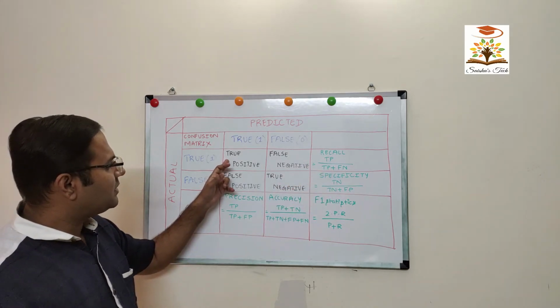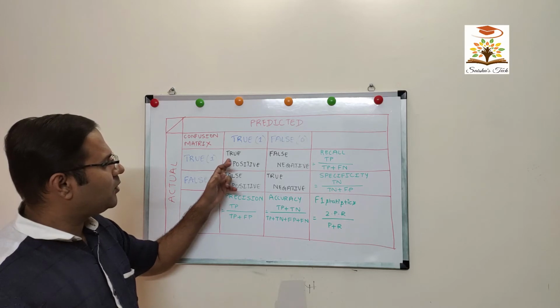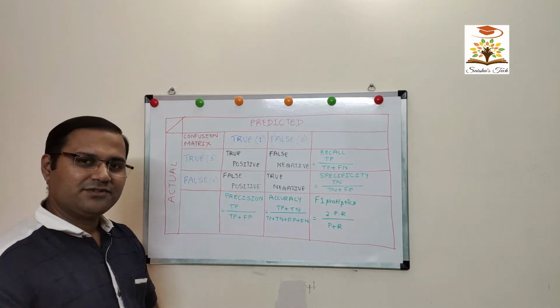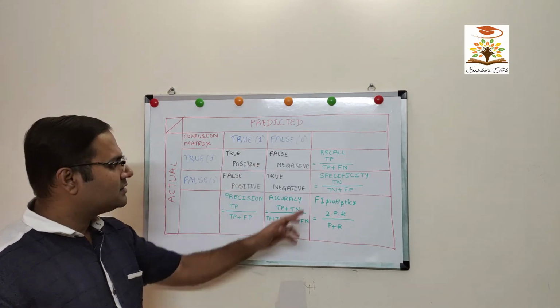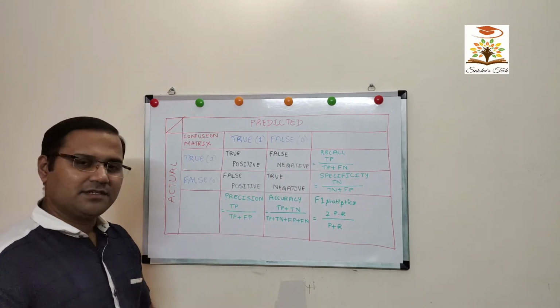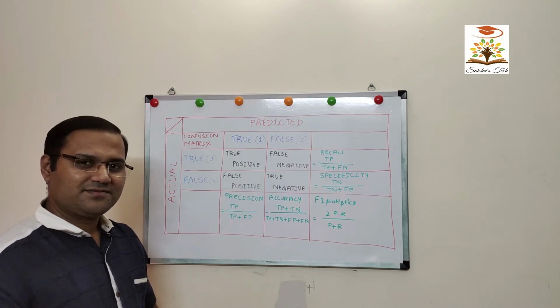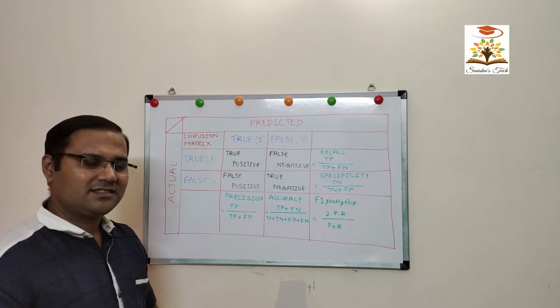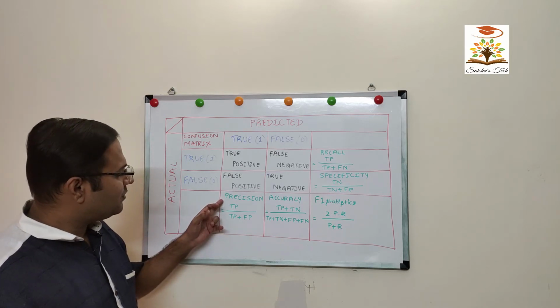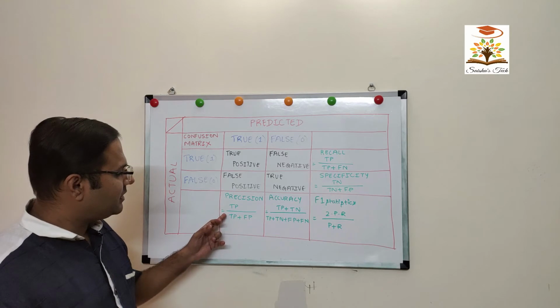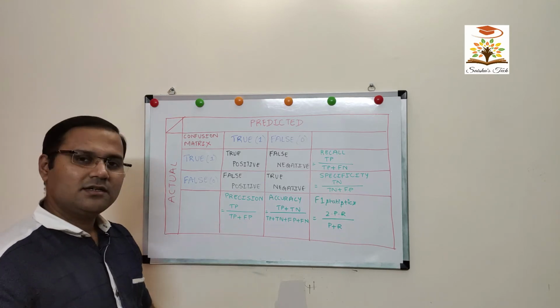That is, true positive divided by true positive plus false negative. Similar to recall, we have precision, wherein you measure the rate of correctly identified predicted positives. And the formula for this is precision is equal to true positive divided by true positive plus false positive.